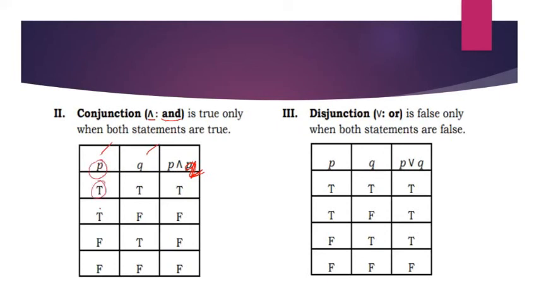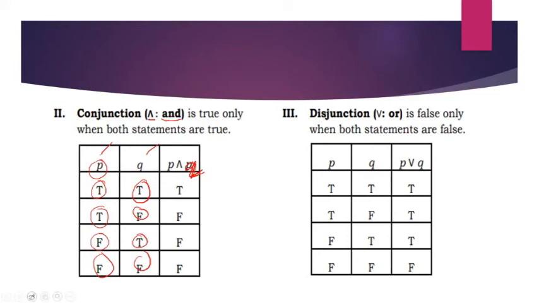So, true, false, false. When sa Q naman is true, false, false. Mamaya, discuss natin bakit ganito ang pattern for two variables. Mamaya, discuss natin bakit nangyari yan.